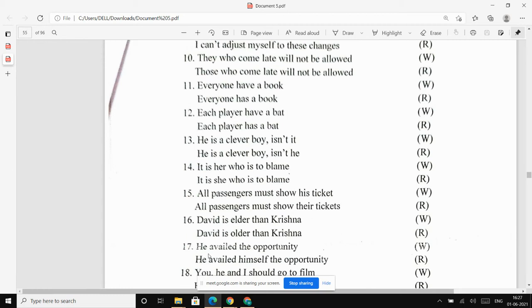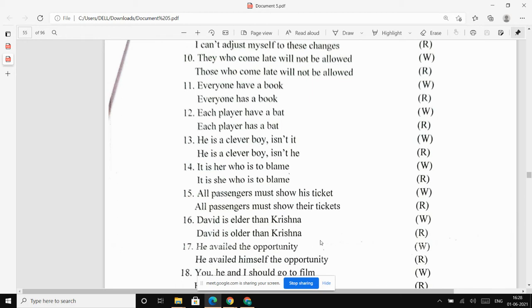If the person is from another family, then we can compare with older. If you look at the names of the persons, we can easily understand that they are from two different families. If they are from the same family, then we can use elder. That is the difference here.